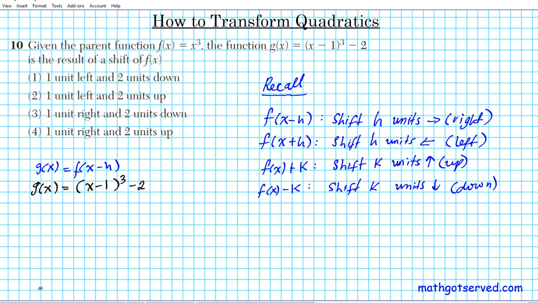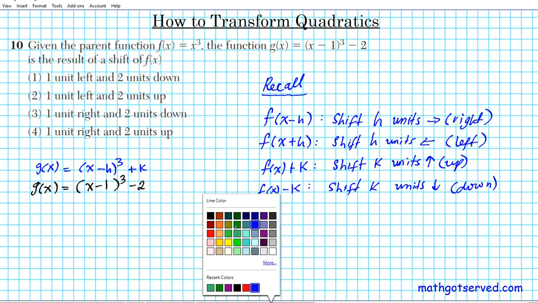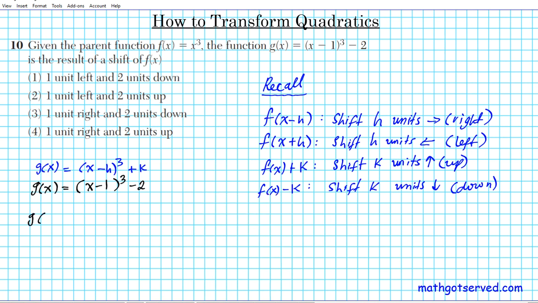Well, let's adapt it here. So it's (x minus h) to the third plus k. Alright, so let's break down the two transformations that are happening here. The first one is we have g composed with x minus 1. In the original function x to the third, the x was replaced with x minus 1. So that is equivalent to this right here.